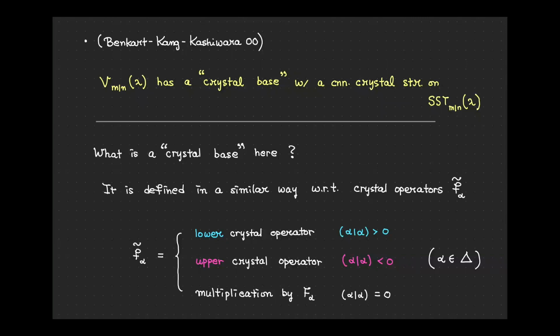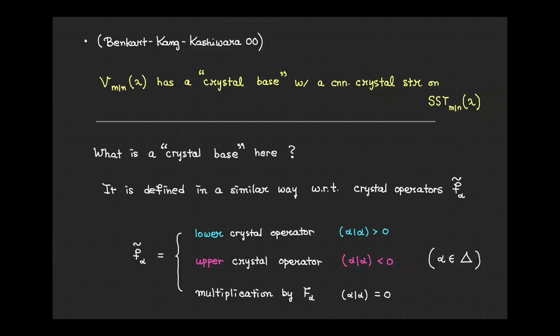And last, for the other, isotropic simple root, the crystal operator is defined just by multiplication by the Chevalley generators. The reason for this is that if we consider the subalgebra generated by E alpha, F alpha and K alpha, which is the Q analog of the superalgebra GL(1|1), then its simple representations are trivial or two-dimensional.